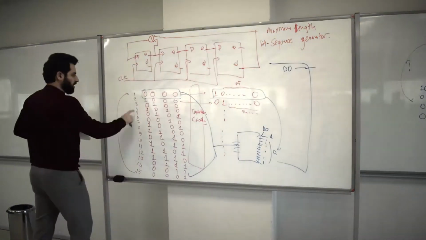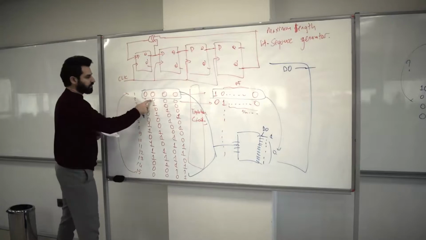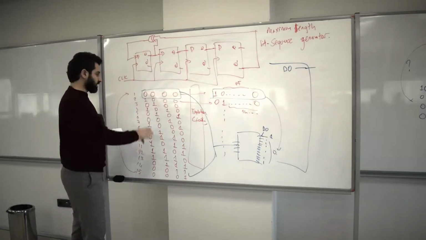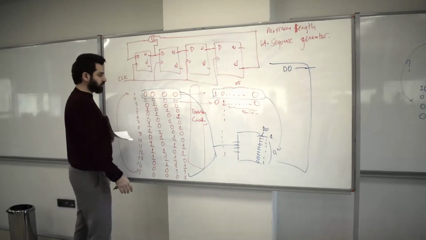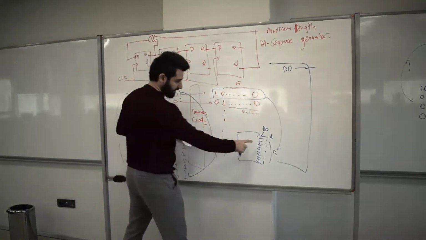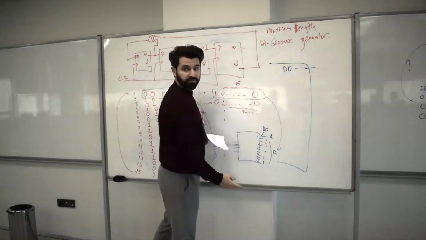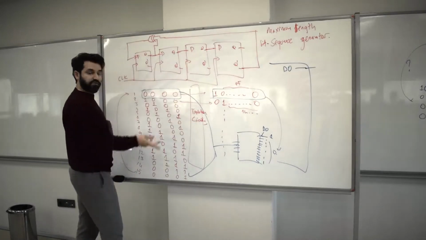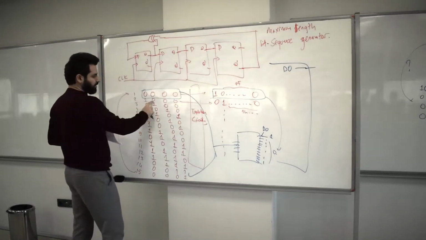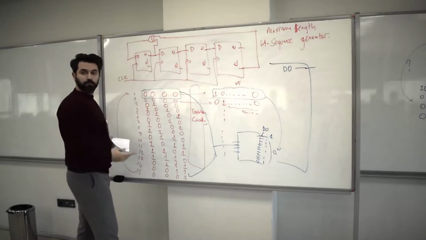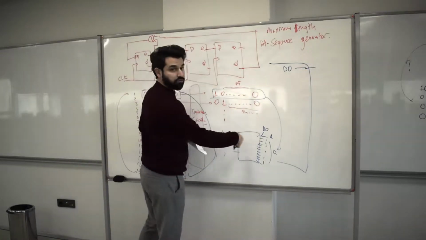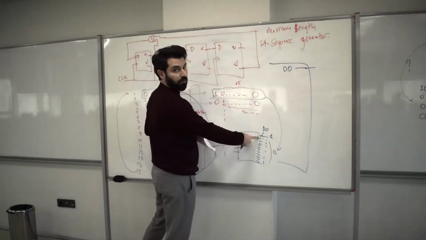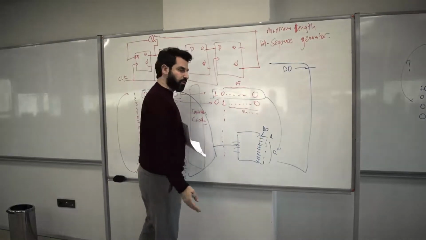Okay? And for this one, for example, you got 1, 0, 0, 0. I know it's going to create this to be 1, the rest of them 0, if I connect them, of course, in reverse direction. But still, I know this is going to make the second decoder output 1, the rest 0.